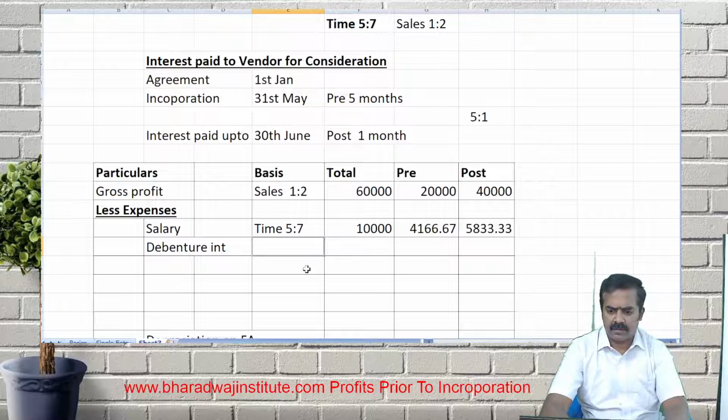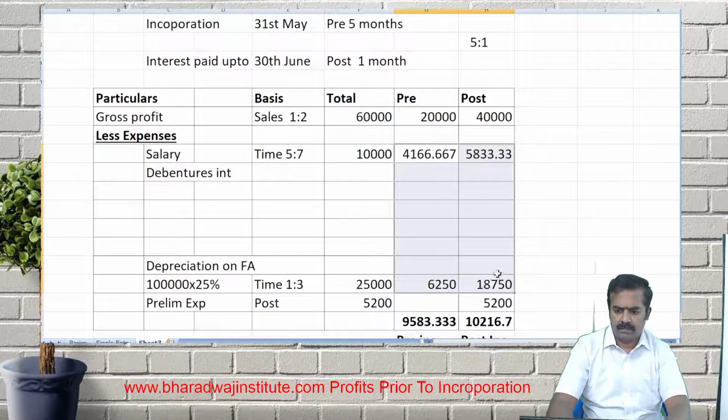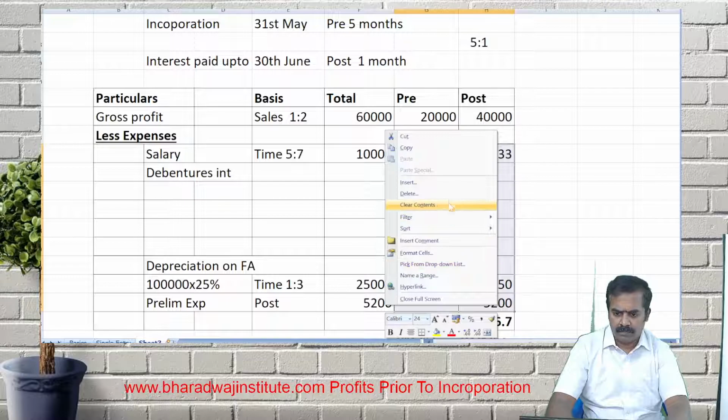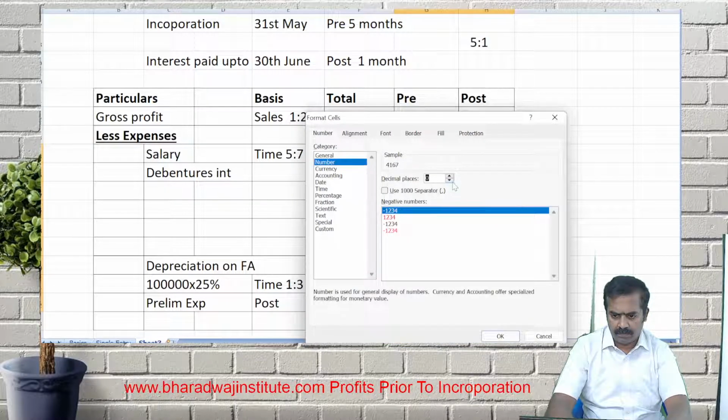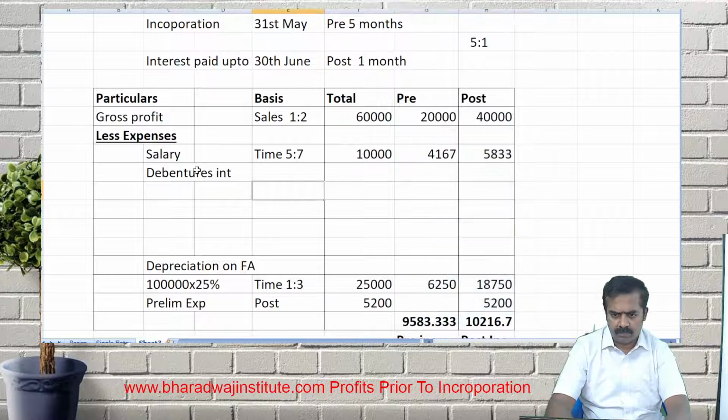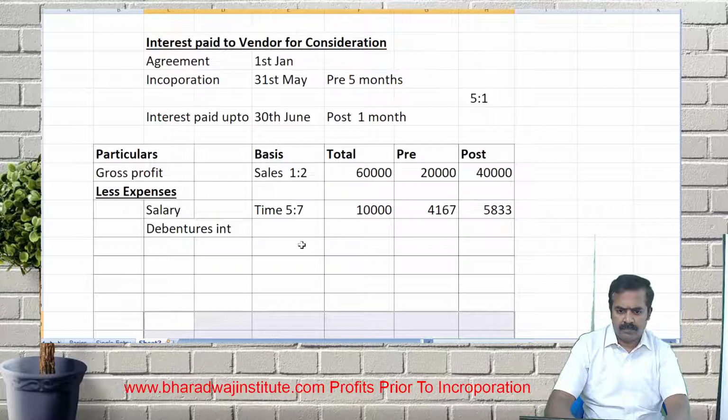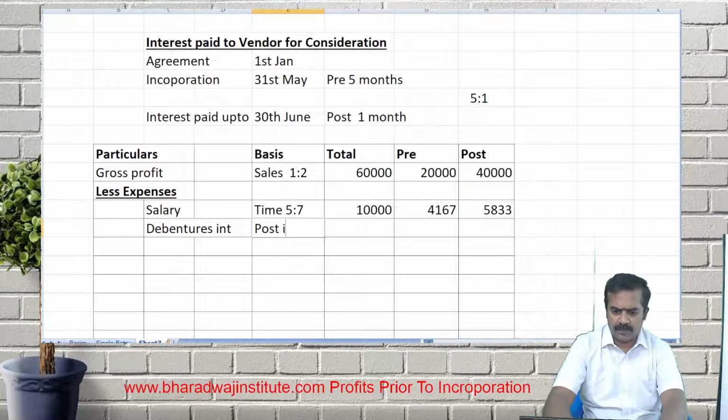Debenture interest. Debenture interest post incorporation, how much? 525.